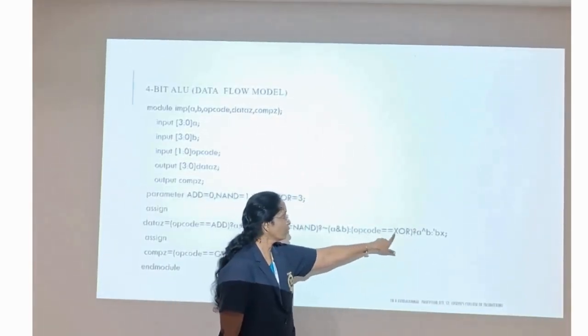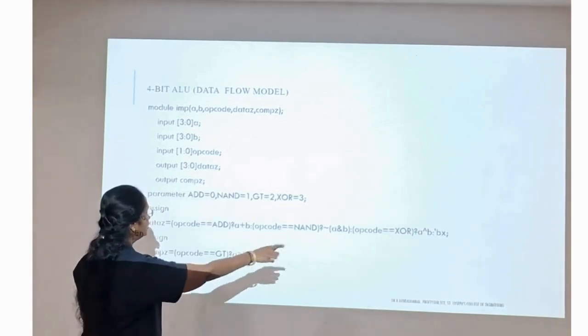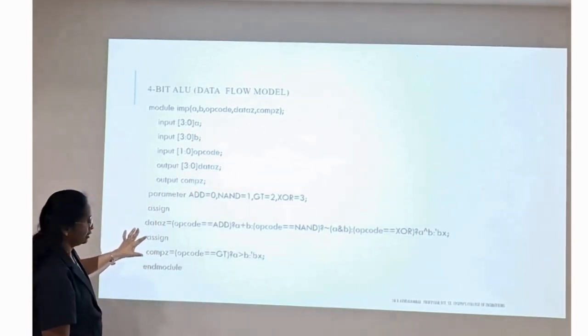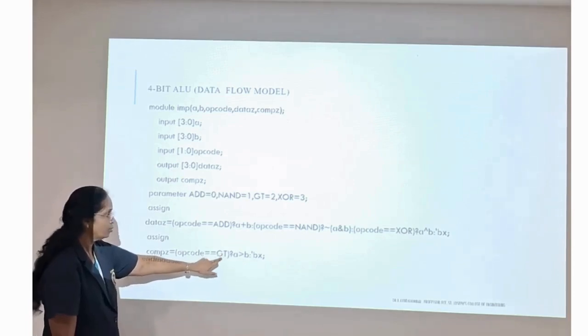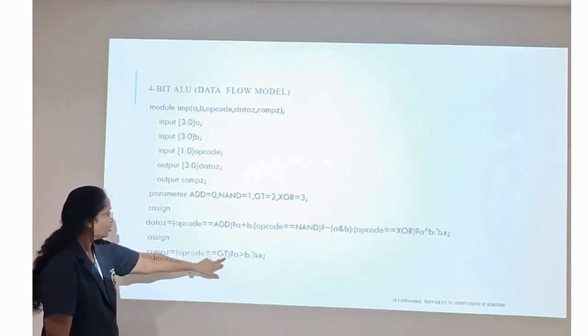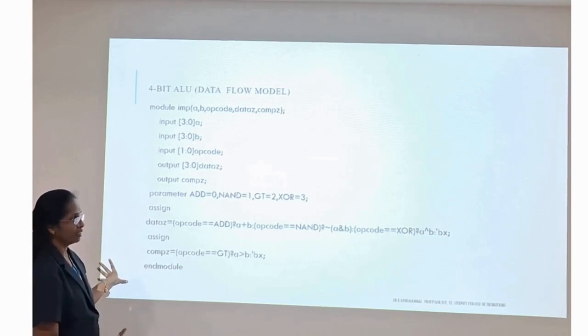And then finally the comparison operation: assign comparison is equal to the greater than. If A is greater than B, this operation will be done and it will return a true result.